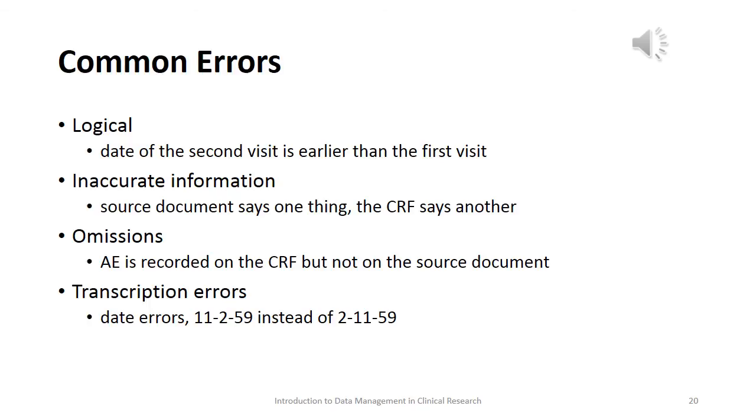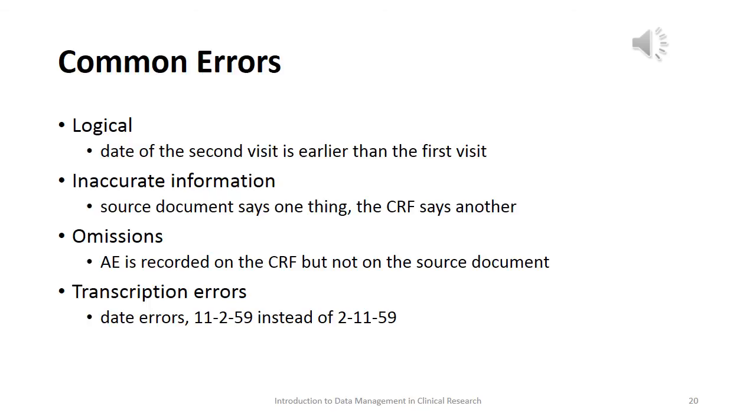We've got inaccurate information, a source document that says one thing and a CRF that says another. So on the source document, it says the patient's blood pressure was 130/95. Then on the CRF page, it says the patient's blood pressure was 120/80.